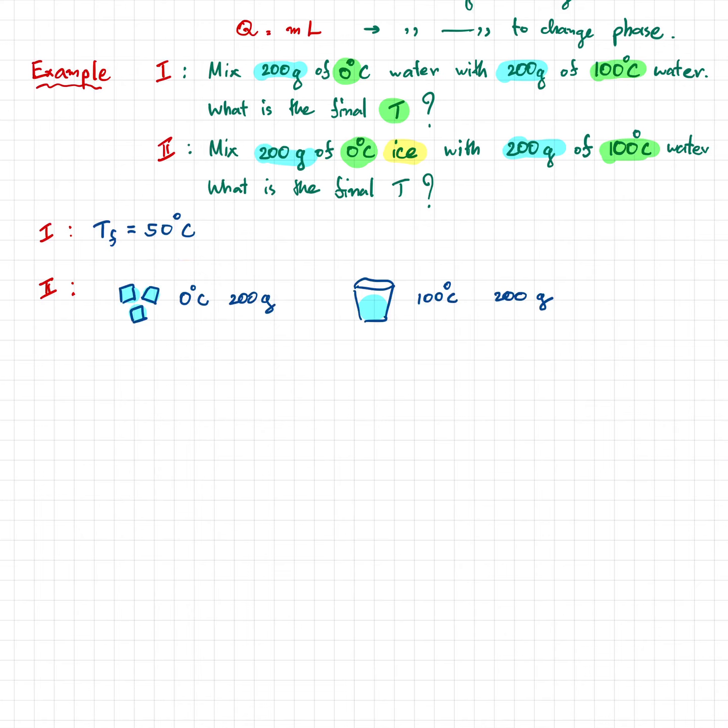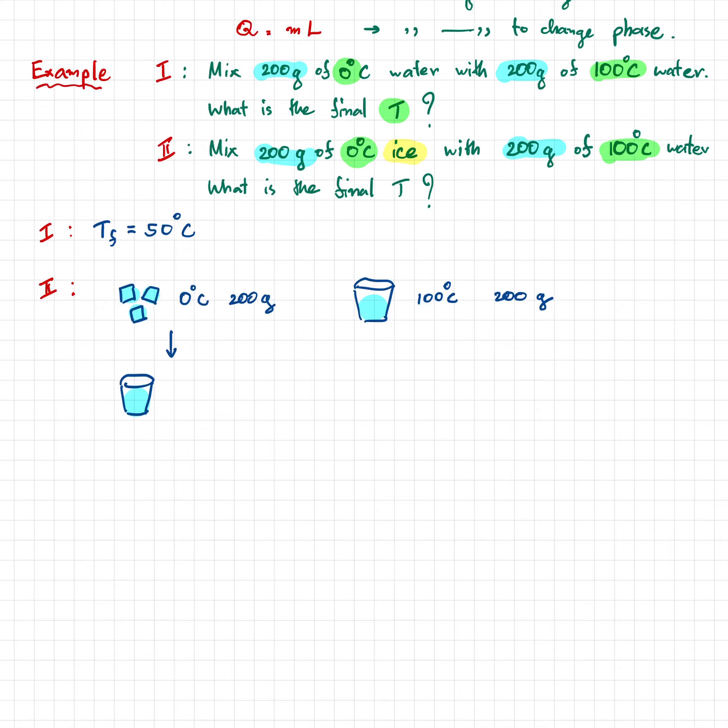What that means is that the first step that I'm gonna draw here is for ice to become water, right? So all the ice melts and becomes water. So during this process, remember that during the phase change, you don't change the temperature.